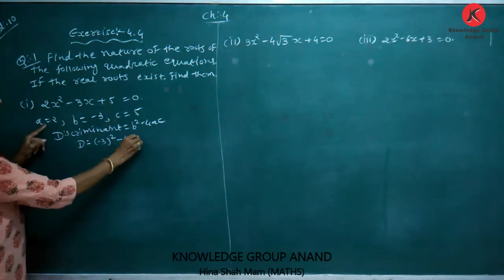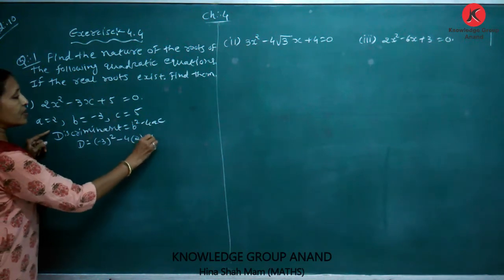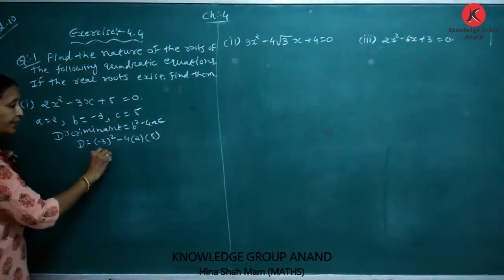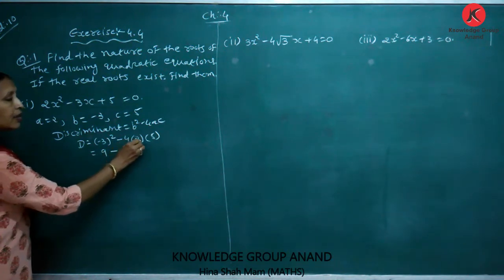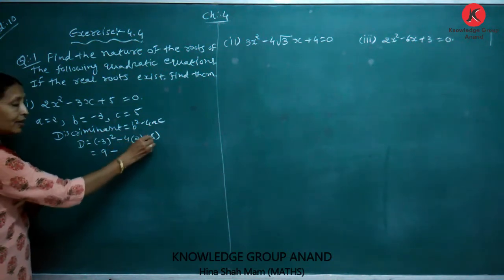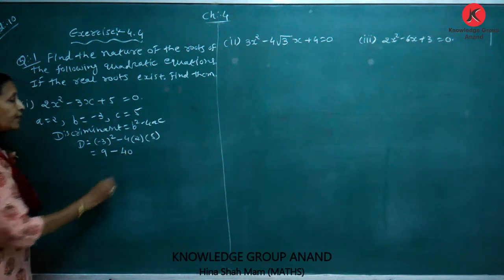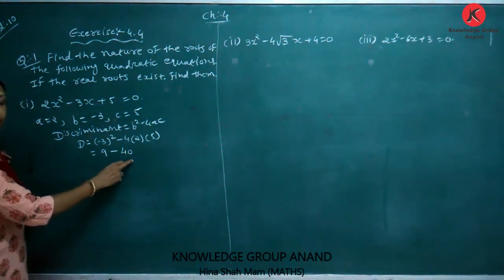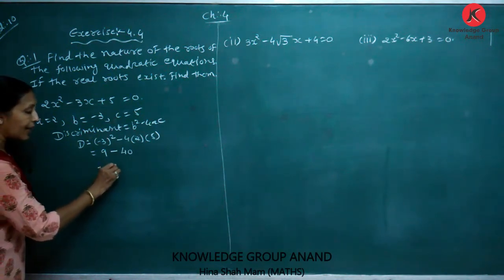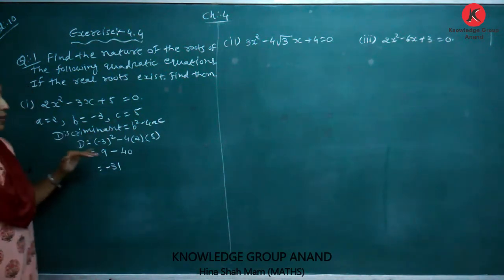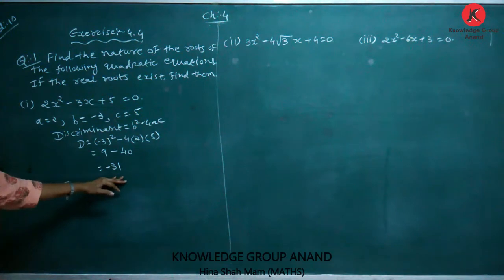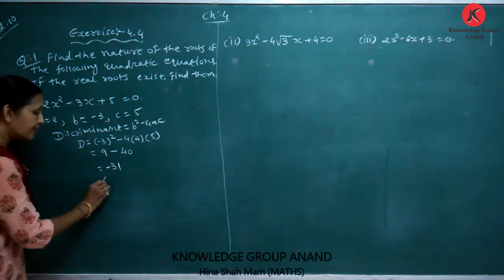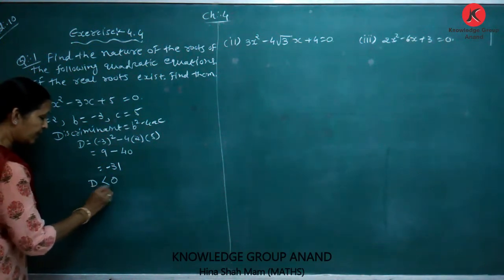What is the value of a? a = 2, c = 5, so D = (−3)² − 4 × 2 × 5 = 9 − 40 = −31. The discriminant is −31, which is less than 0.